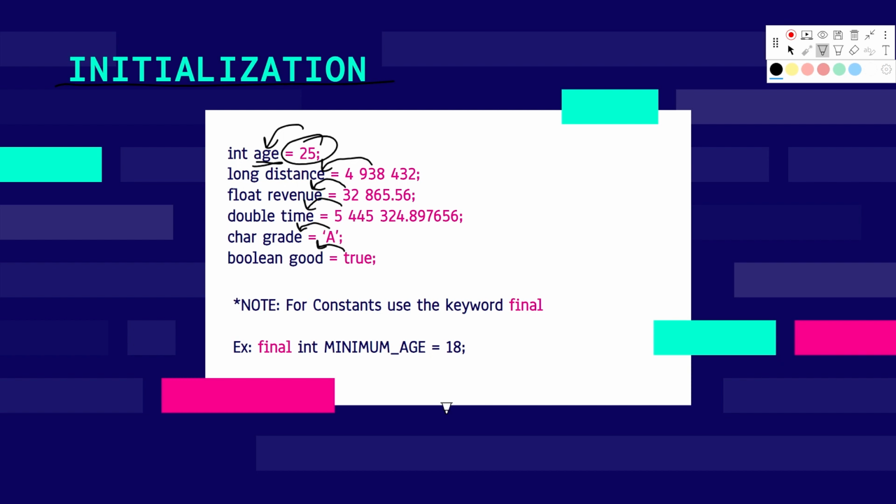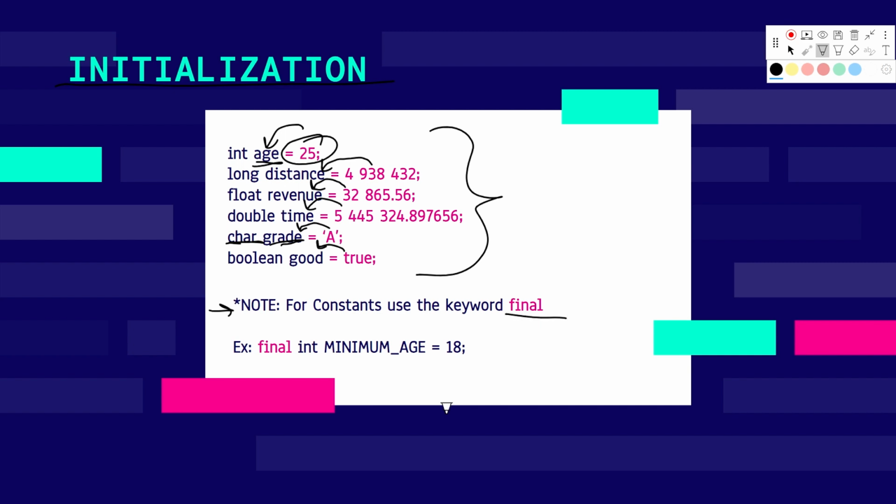For the char data type, all values given to a variable must be between two single quotation marks, just like that. And for the rest, you can choose your values. An important note is that for constants, we should use the keyword final.